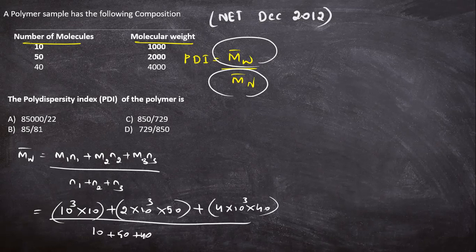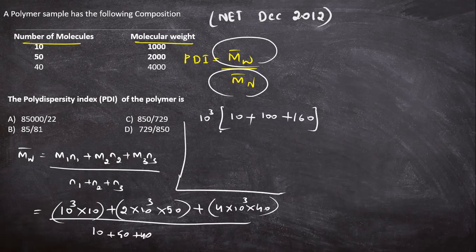Just take 10 raised to 3 common. What you will get is 10 plus 2 into 50, which is 100, plus 160, divided by 50 plus 40 plus 10, which is 100.